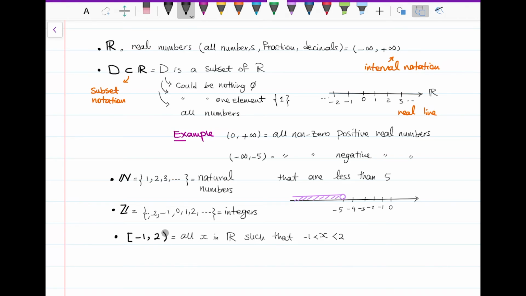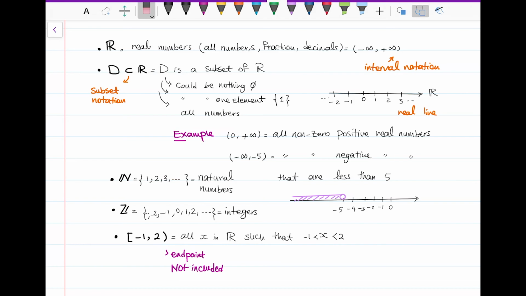But since we have a parenthesis here, it means that this endpoint is not included.